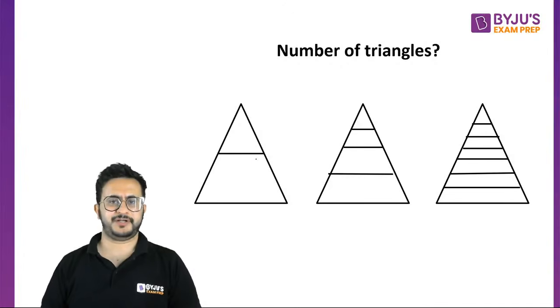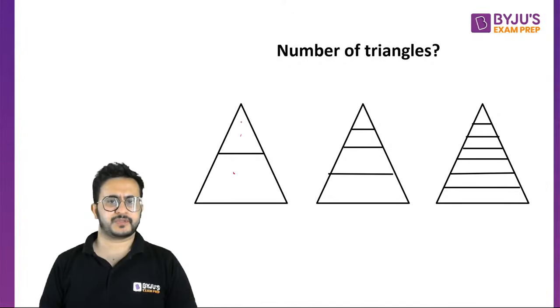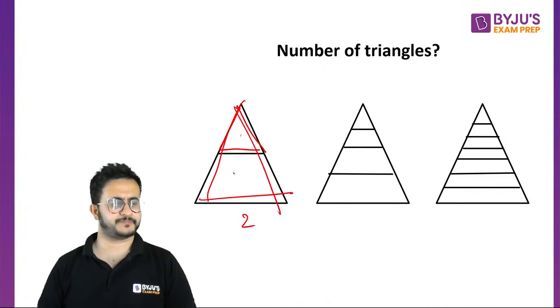Can someone tell me how many triangles are there in this figure? If we see this, there is one triangle, this smaller triangle, and then there is the larger triangle. So there are two triangles in this figure.